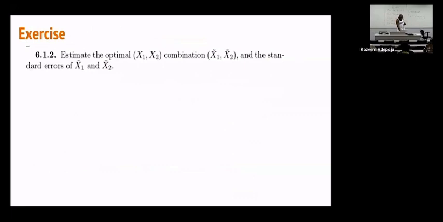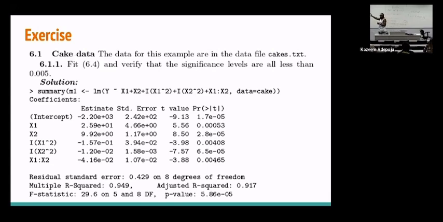Now let me tell you this. If you take a look at this, what it tells you is the role played by variables in this model. But does it tell you the optimal values of baking time and the optimal temperature you're going to use to have a good cake, a unique cake? It doesn't.